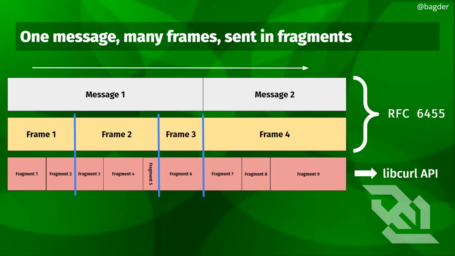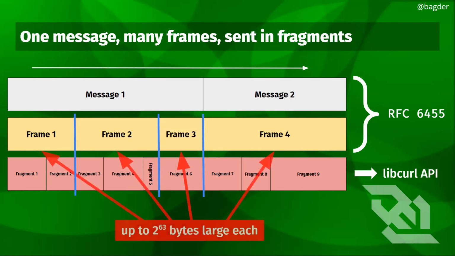And the reason why we complicate it like this is, of course, because these beauties, the yellowish boxes up here, can be immensely big. According to the protocol, they can be up to 2 to the power of 63 bytes, which is sort of impossibly huge. But the point is that they can be so big that it's not possible for the libcurl API to promise and deliver the entire ones.